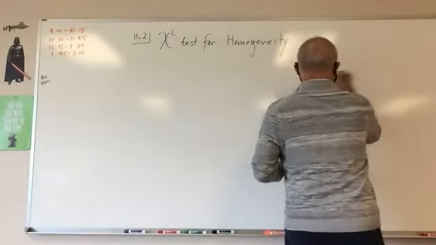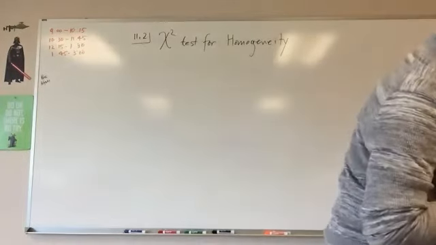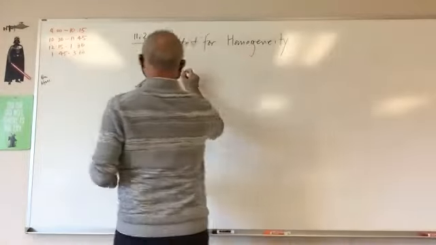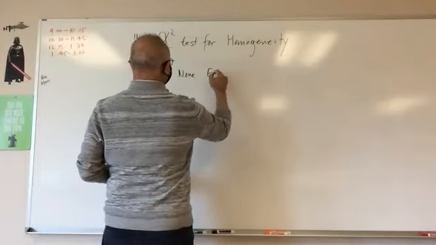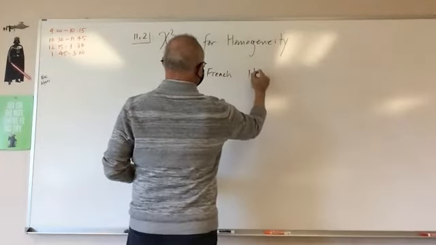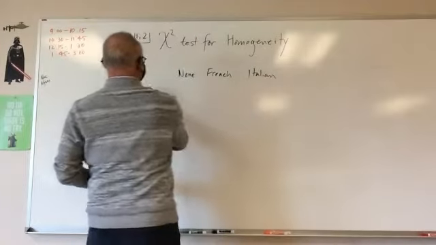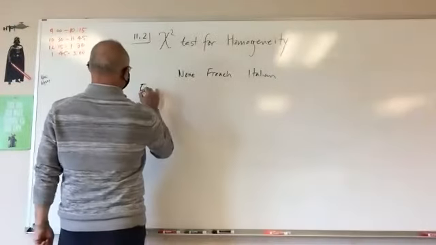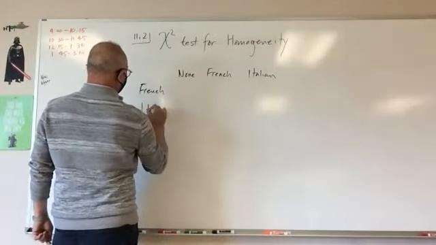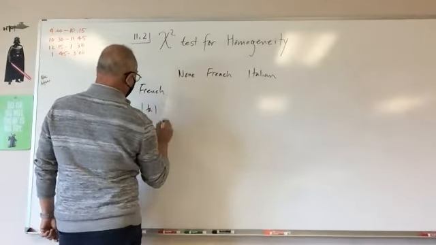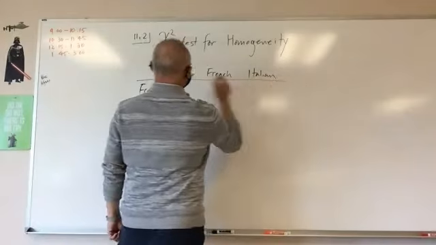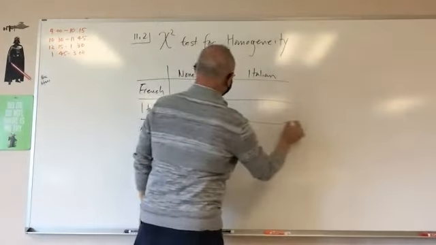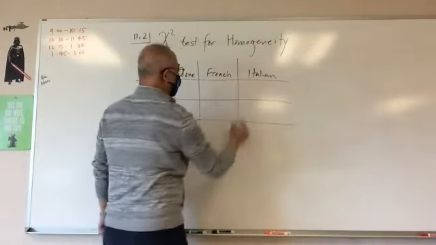On this example, we have non-French Italian, and over here we have French, Italian, other. So we're at a restaurant that serves French food and Italian food. It's normally a sign for a not so good restaurant, right?